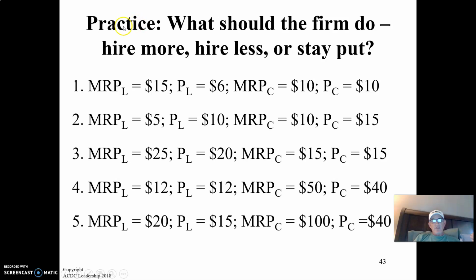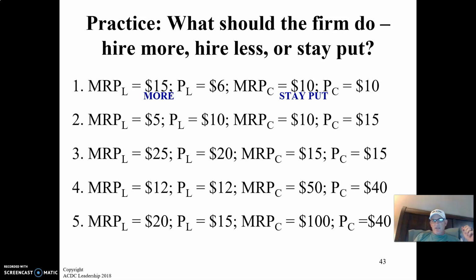All right, so let's look at these 5 scenarios. I know that looks like mumbo jumbo, but stick with me here for a second. What should the firm do? Hire more, hire less, or stay put? Well, we're looking at the MRP of labor is 15, and the price of labor is 6. So we would hire more.